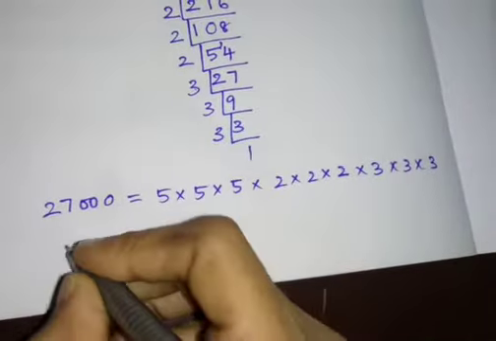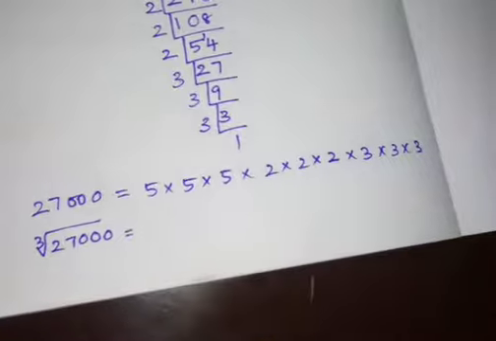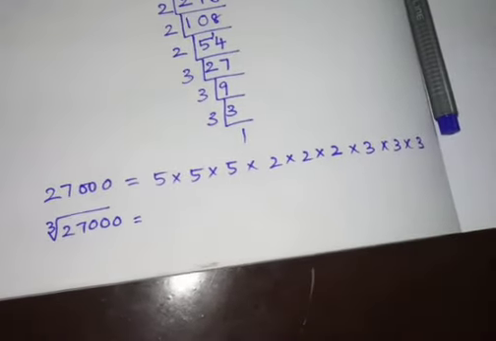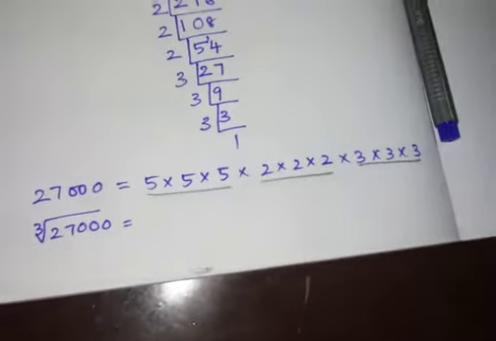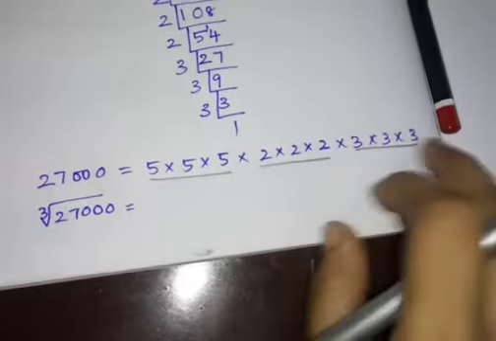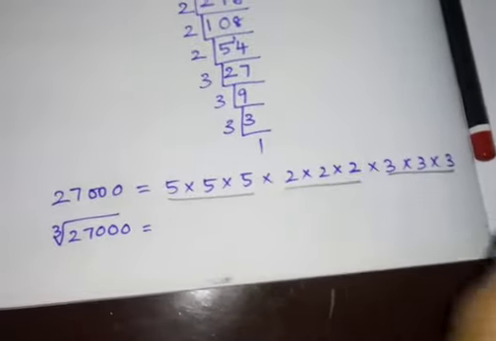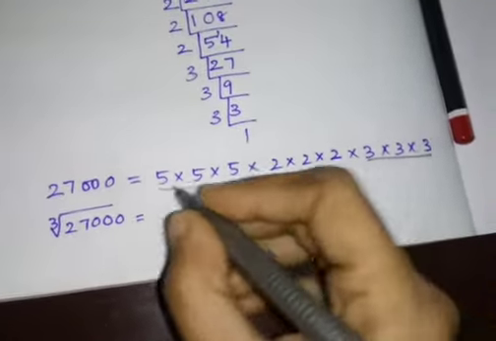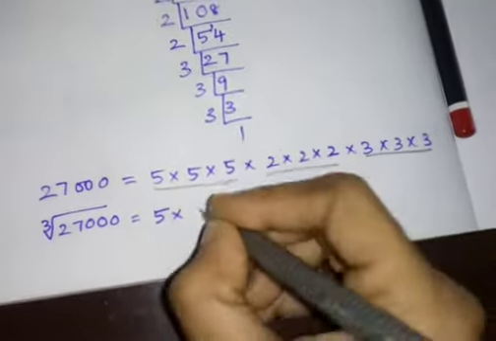Now what we have to do? We have to find the cube root of 27,000. Cube root means what you're thinking in your mind: you are grouping the numbers. Grouping is very important. If you miss any one of the numbers, you would have made some mistake. So here, 5. Instead of these 2s, I'll write 2.